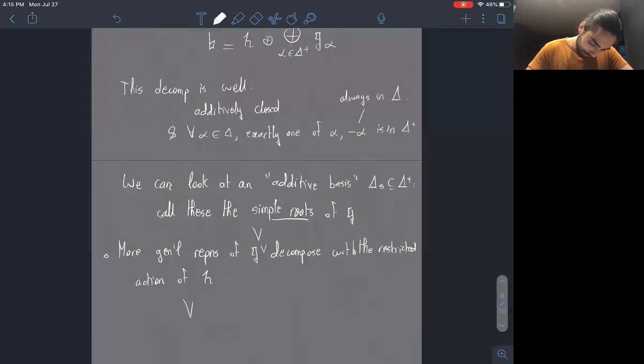So you can always write V as a direct sum of elements still in H star of generalized eigenspaces.